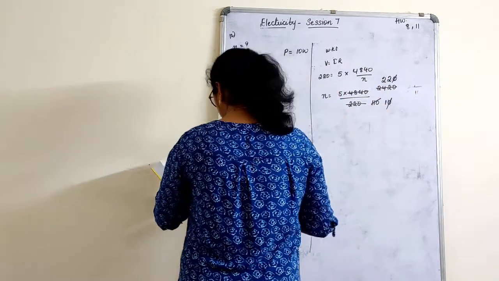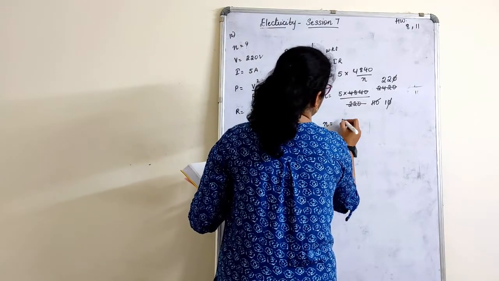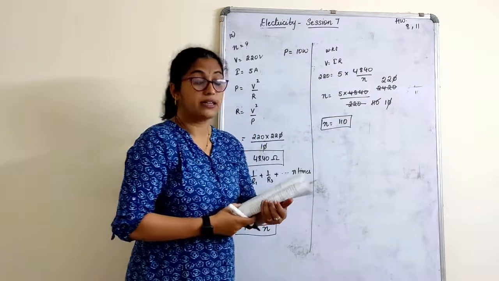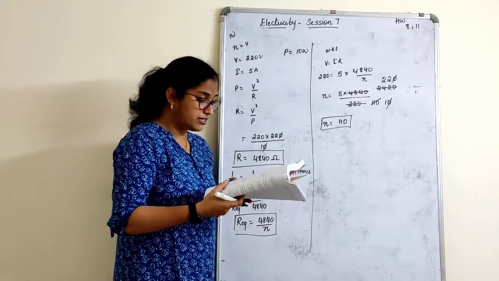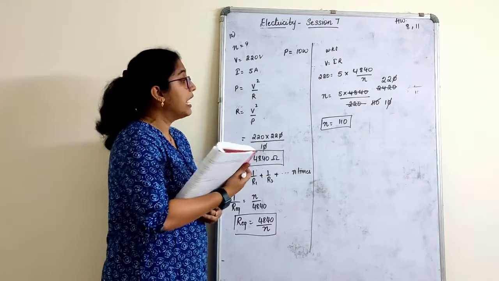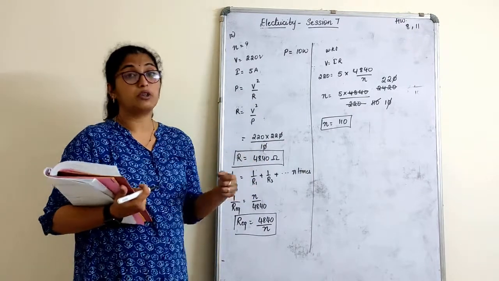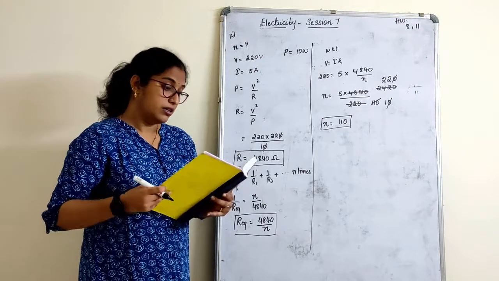So 22 into 5, 110. Give the conclusion. Therefore, 110 electric bulbs of resistance 4840 ohms are to be connected in parallel. That's all, right? Next one.